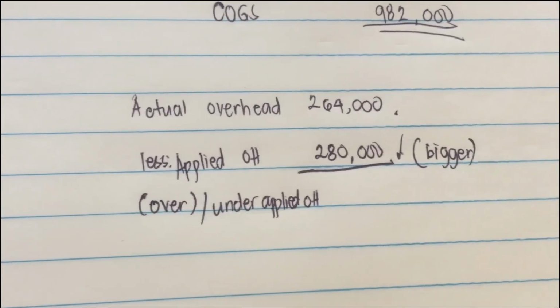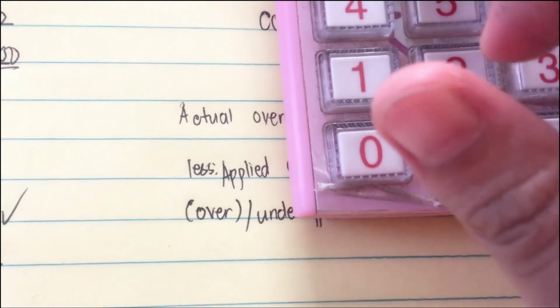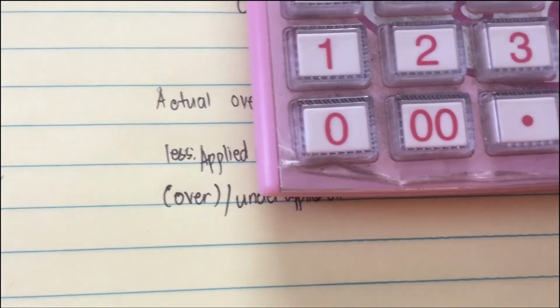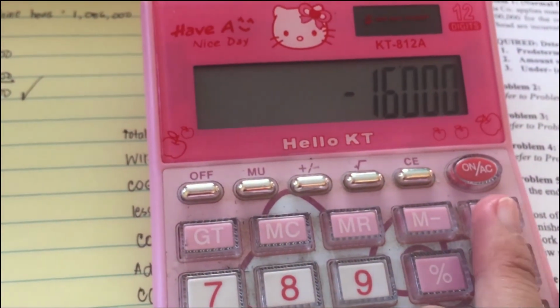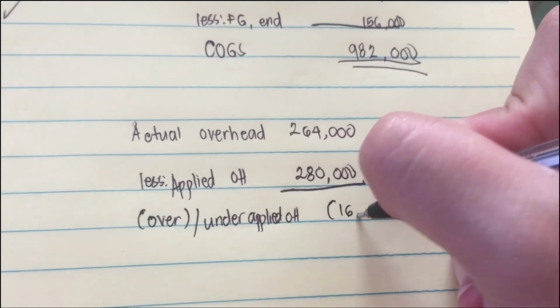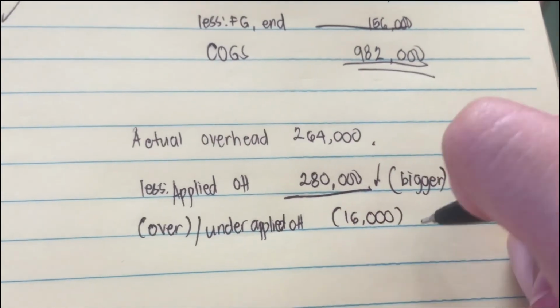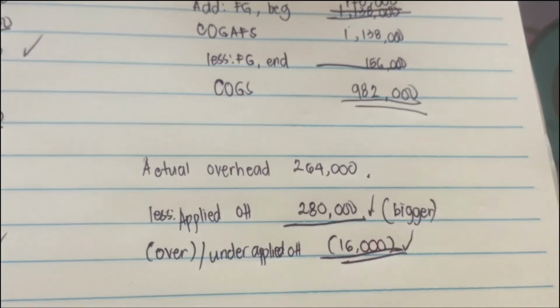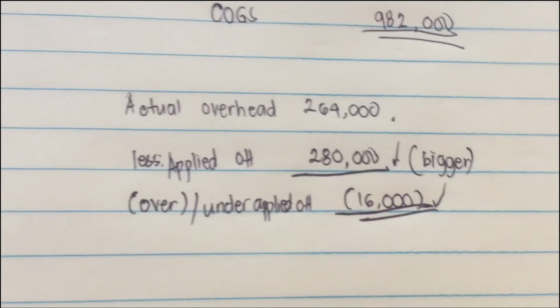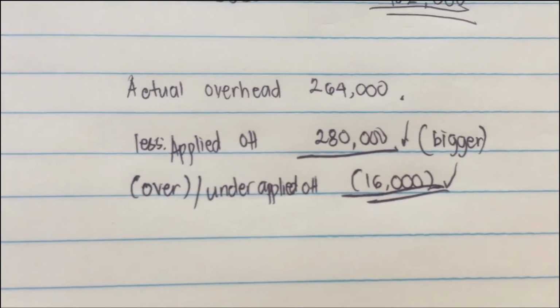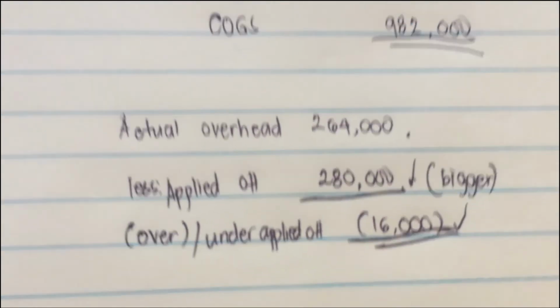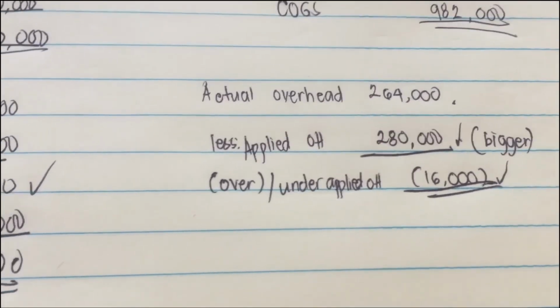So, how much is our over applied? 16,000. So, this is our final answer for the over or under applied. I'm sorry for the handwriting. So, we are done with the answers for this problem.